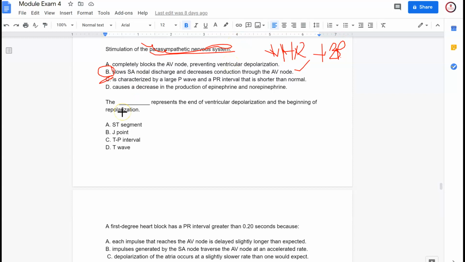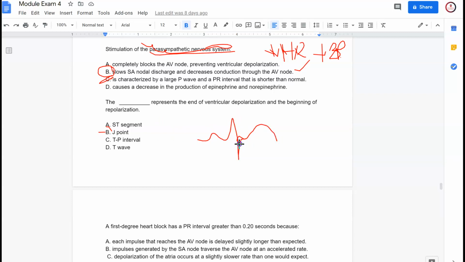The blank represents the end of ventricular depolarization and the beginning of repolarization. So your J point is in between, right? That's usually the point that we look for. Let's do our drawing.